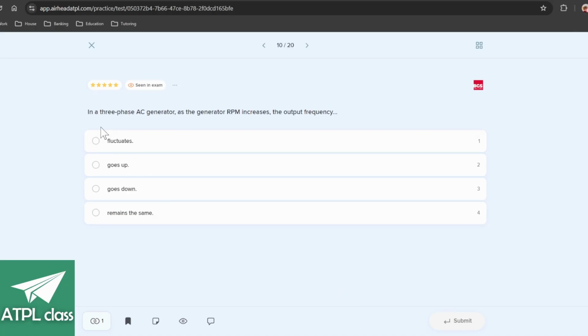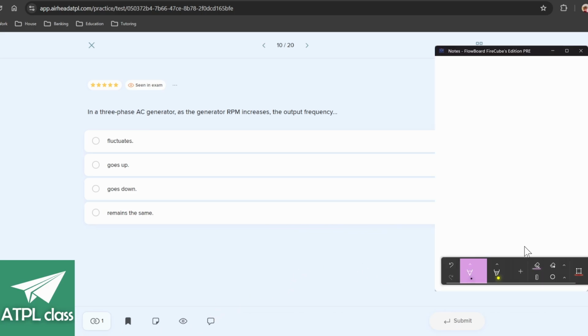Halfway then. In a three-phase AC generator, as the generator RPM increases, the output frequency increases. If you spin it faster, the magnet is going to pass through the electrical fields more.